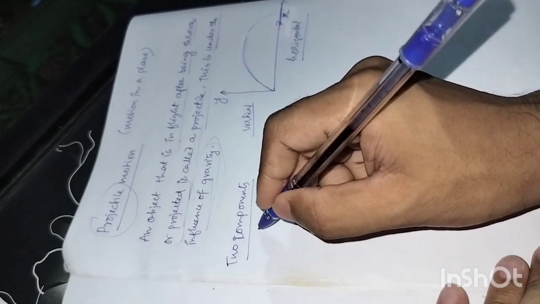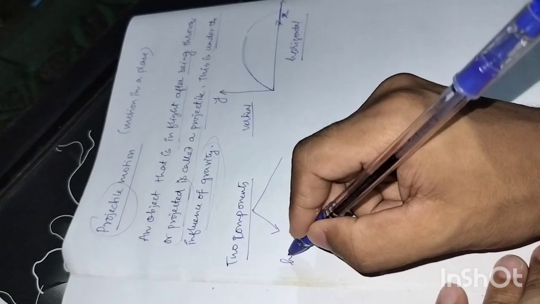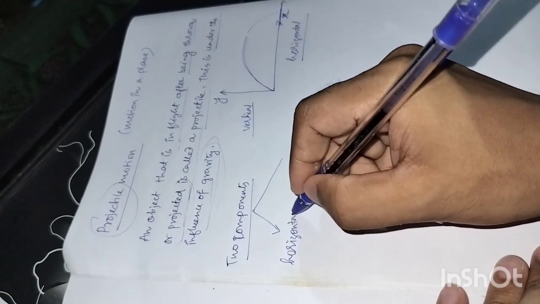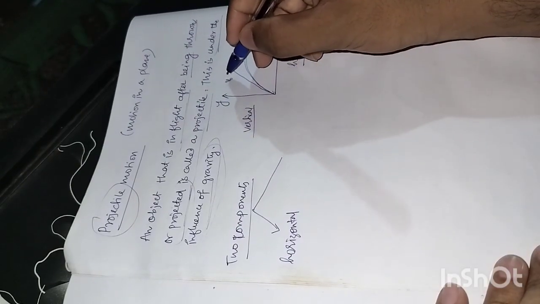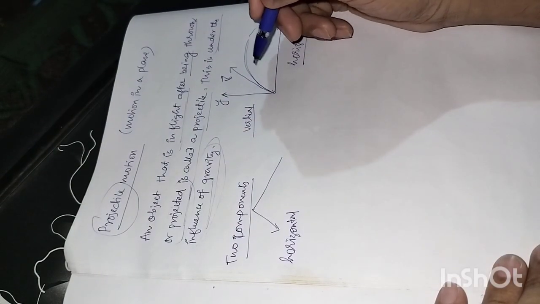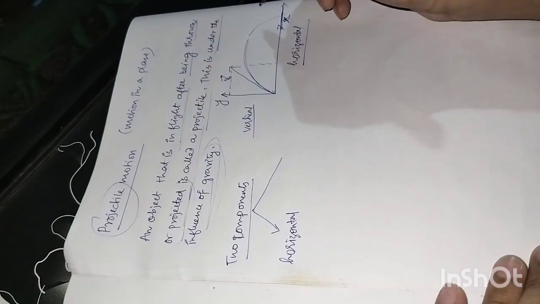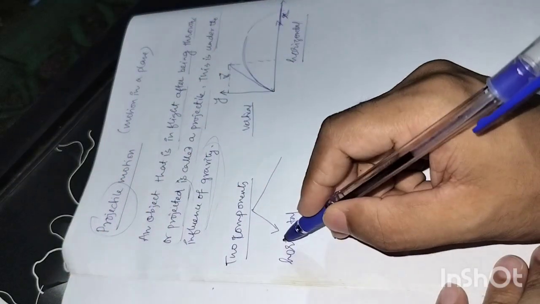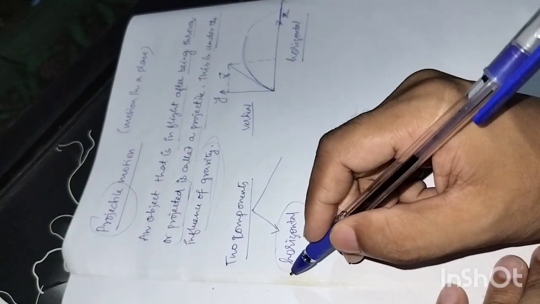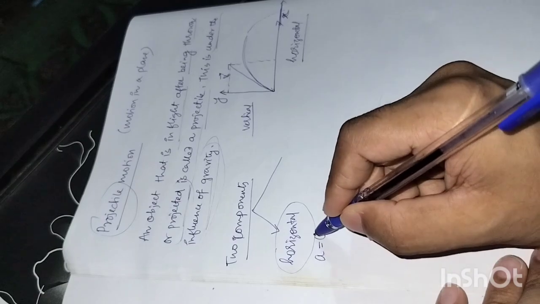So one component is along the horizontal axis. Suppose this projectile is thrown with an initial velocity v naught, then this will have two components, along x direction and along y direction. The x direction is the horizontal direction, where the acceleration is 0.